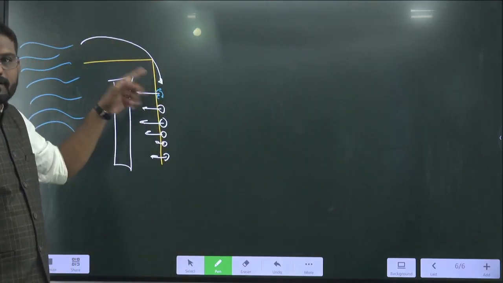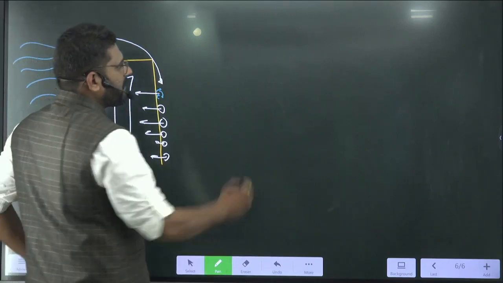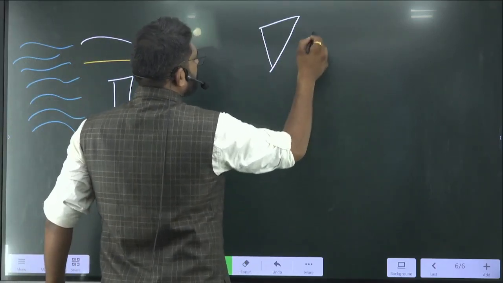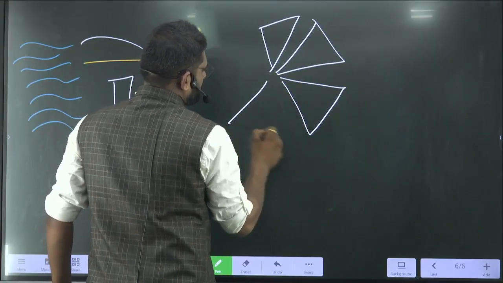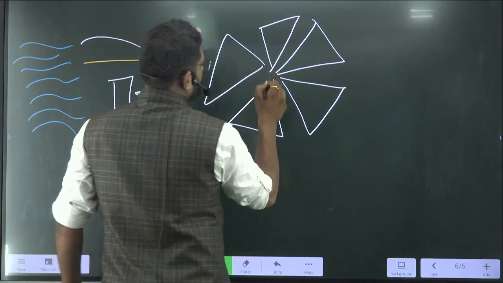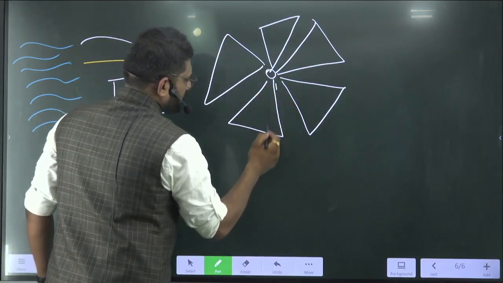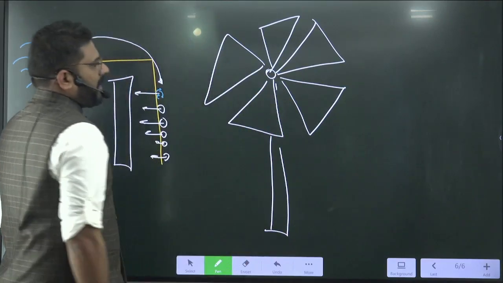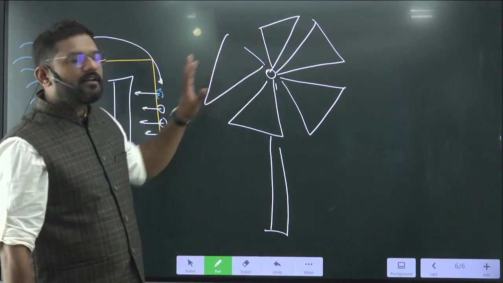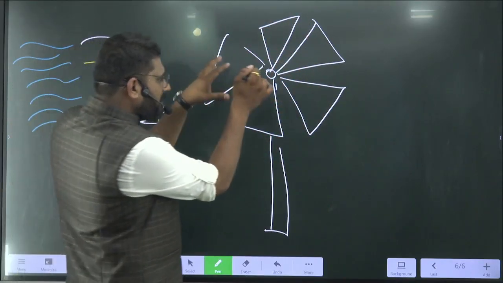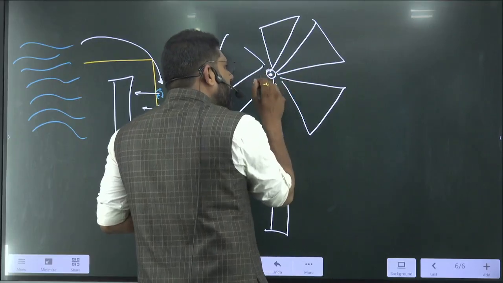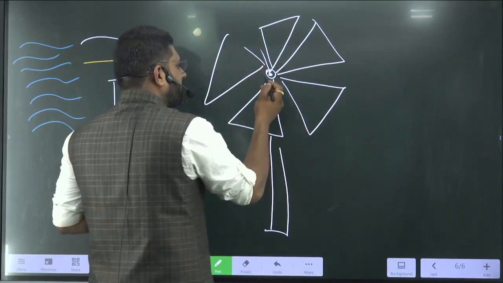इथे टर्बाइन फिरतायत. In a same manner, if you will see, अशा प्रकारे मोठे मोठे फॅन्स असतात. Air when hits this fan rotates, and because of this rotation, the turbine is fitted here, and this turbine generates electricity by wire.